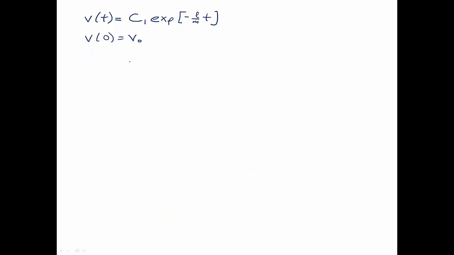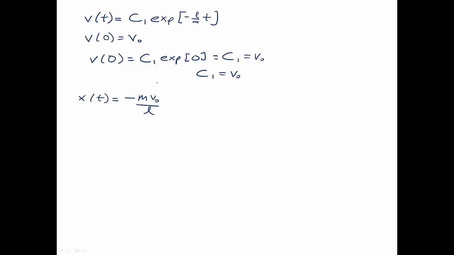Alright, I'm going to start with velocity. I know that velocity at time 0 equals v0. If I plug in 0 into my equation, the exponent of 0 is 1, so this just equals c1 equals v0. So c1 equals v0. This means that x of t becomes minus mv0 over L times the exponent.